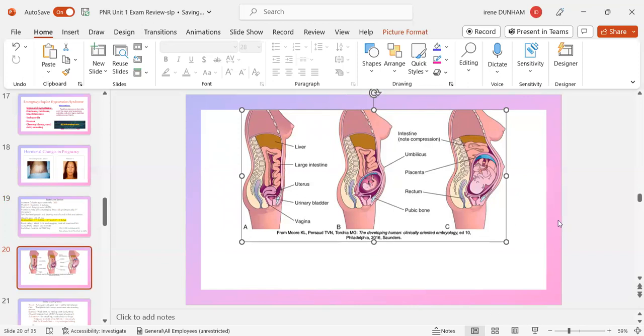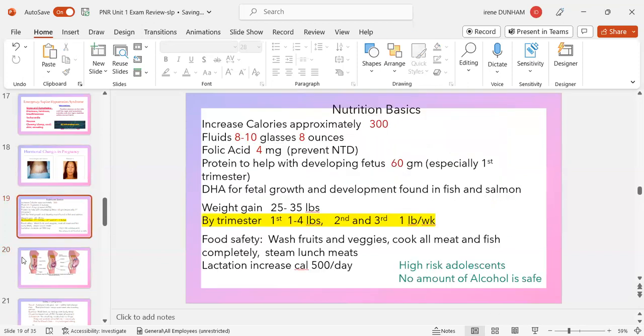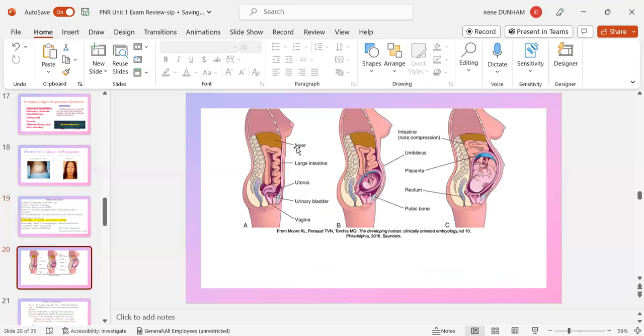Okay. All right. So that gives you a little hint as to how the woman changes as the baby grows. That's why here she's got shortness of breath, because everything is being pushed up, and it pushes on her what? Her diaphragm.